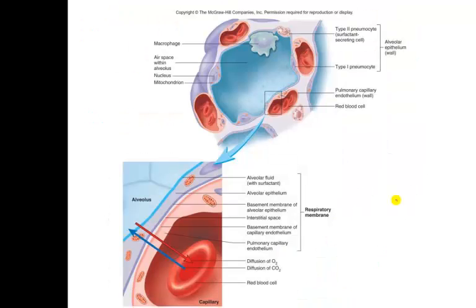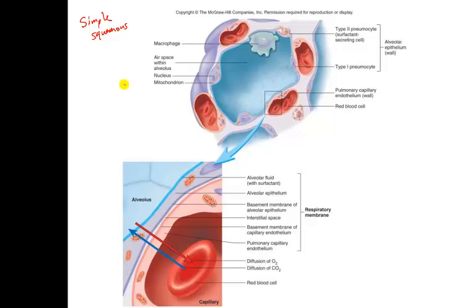So let's look at an alveolus in cross section. Here's the airspace. Here's the lining of the alveolus. It's lined by an epithelium, and that epithelium is simple squamous. Simple means a single layer, squamous means thin cells. Why simple squamous?